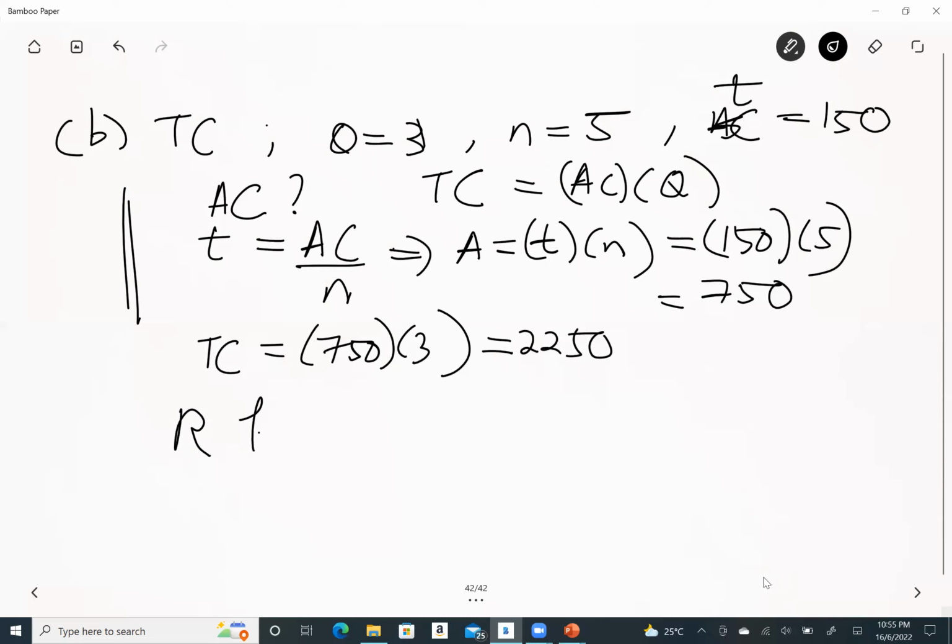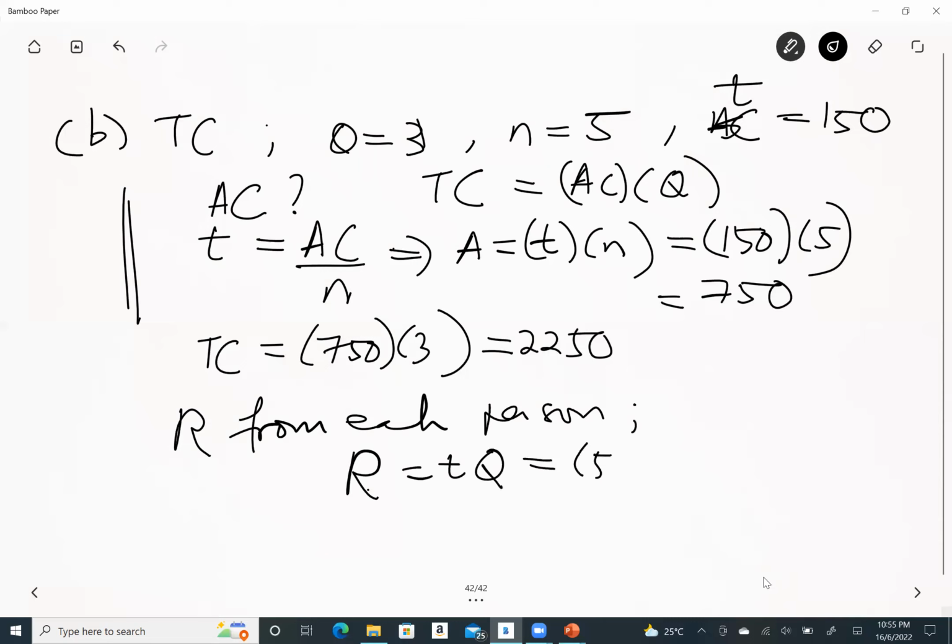Revenue from each person. How much from each person? That means everyone has to pay based on T multiplied by Q. So that is 150 multiplied by 3.